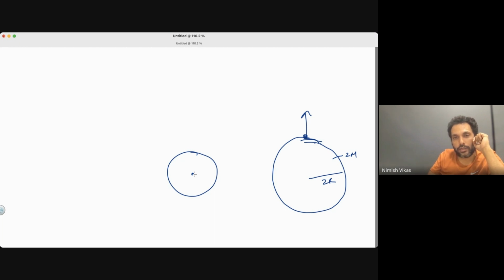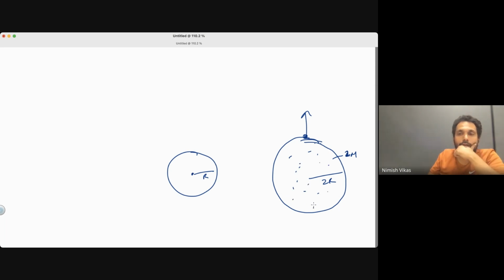Because it is less dense. If you increase the radius by 2 times, the volume increases by how many times? 8 times. So the mass should have increased by 8 times, but it has increased by just 2 times. That means it is quite a less dense thing.